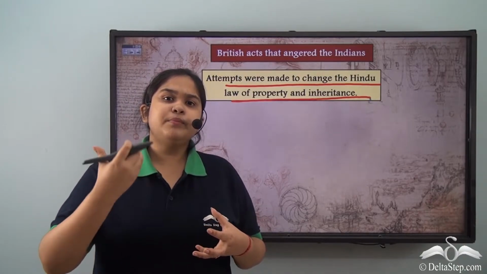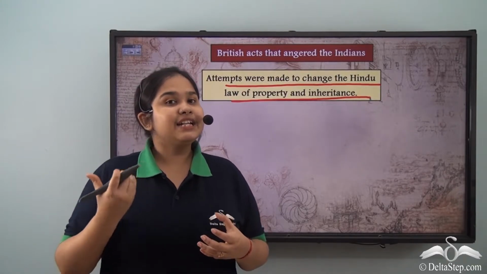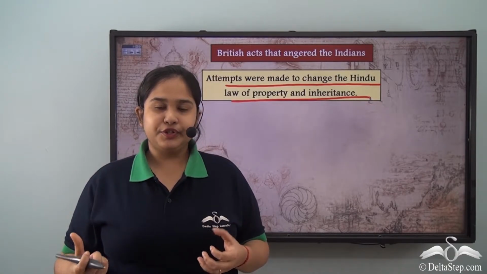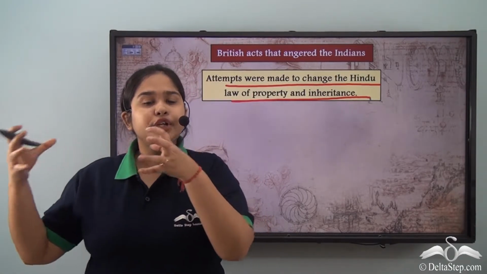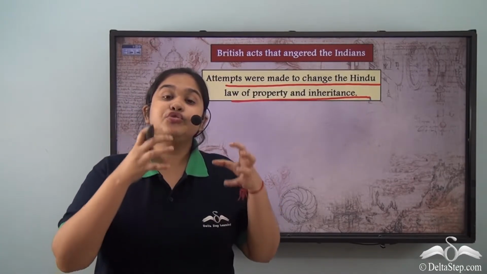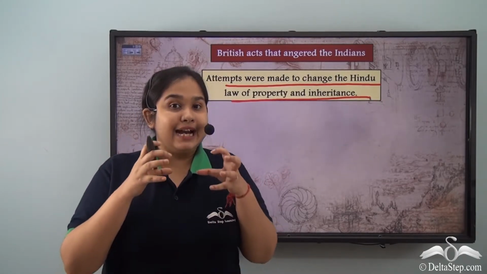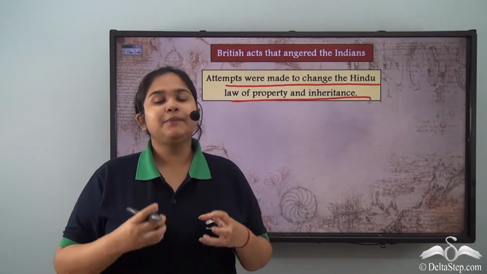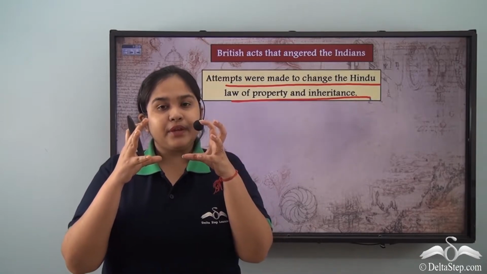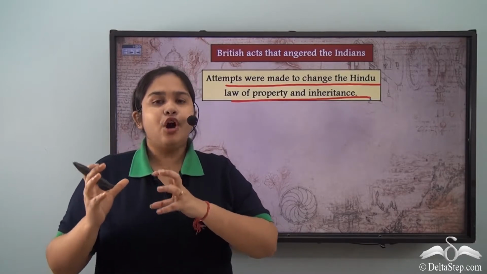Now, when the British colonizers decided to meddle into the matters of religion, that is when people got directly afflicted by that interference. Because now they feared that in order to seek out maximum amount of conversion, they were trying to change the existing religious structure. And the first attack that they felt they received was in the Hindu law of inheritance, where the idea was who should be getting the property from the father.